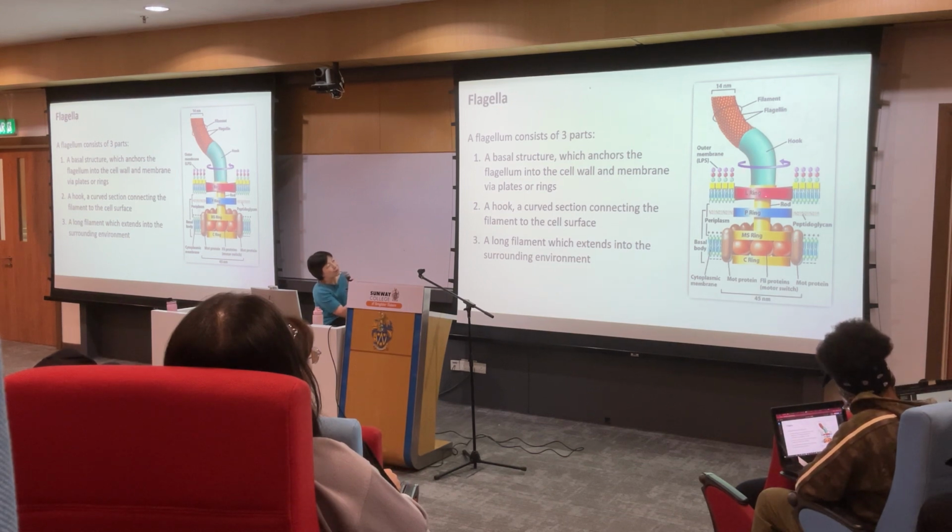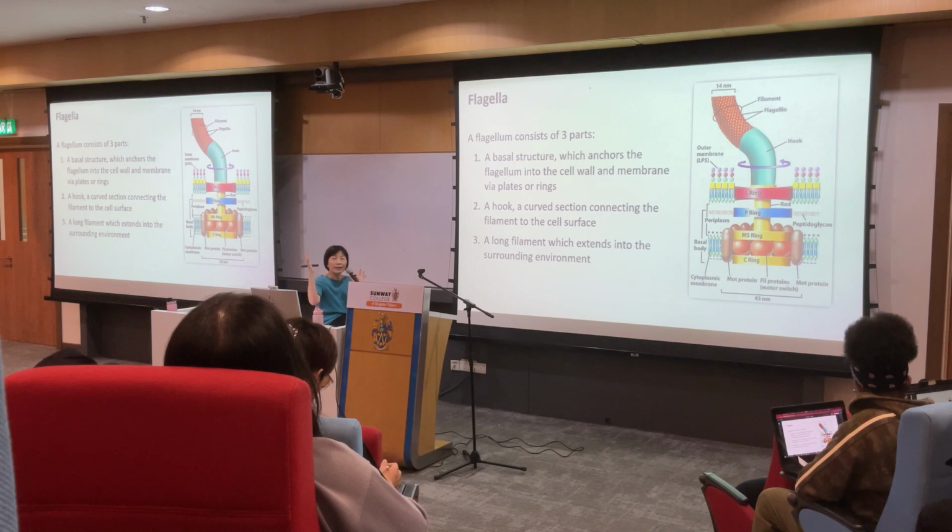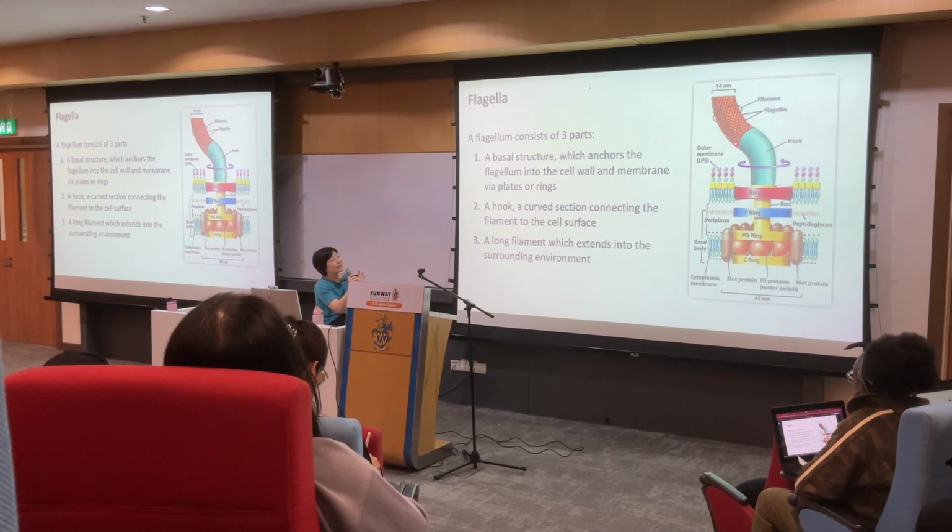And what connects to the second part is the hook. The hook is slightly curved. It's not straight. When it is straight, I don't think it can rotate in wider dimensions. So it is slightly curved so it can rotate in wider dimensions, and that makes it move faster.